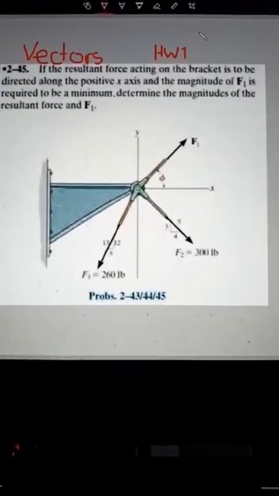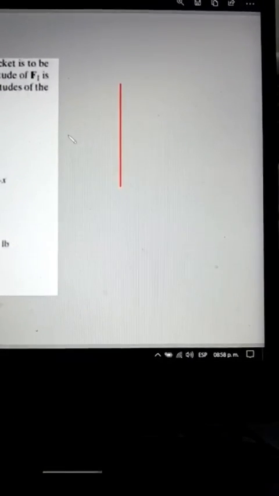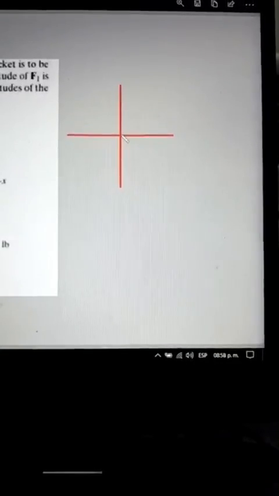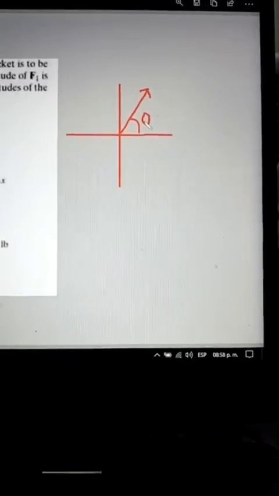So, all you have to do is go to a piece of paper or whatever and draw a graph, on which you can put all the information you need and make it easier for you to understand what you have to do.